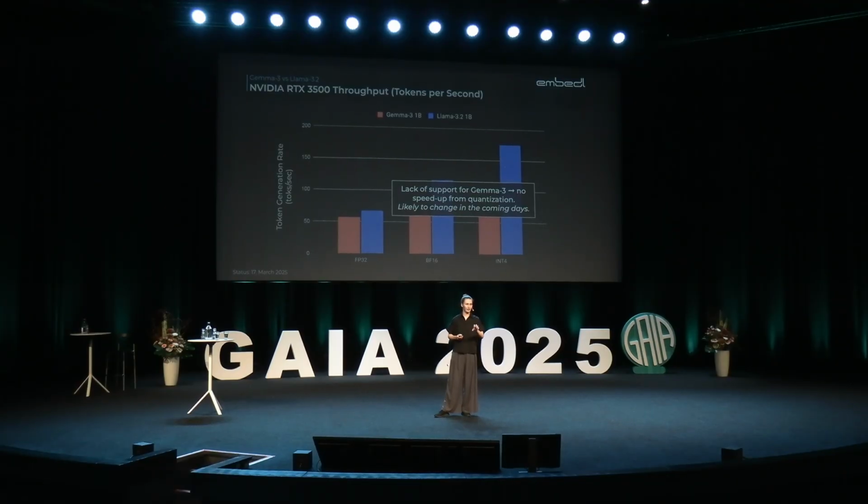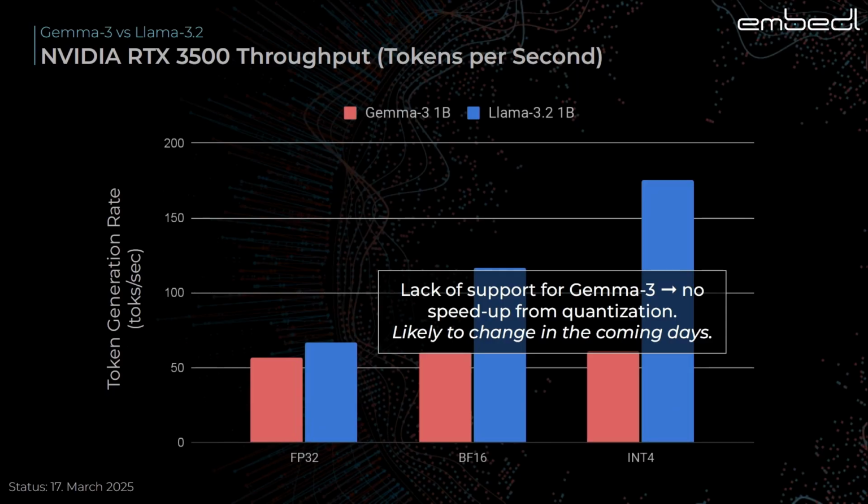So the kernels that run on the hardware cannot make use of quantization and of the speed up from reducing the precision. But I think maybe not in the coming days, but in the coming weeks, this will likely change. You not only have to build a good model, you are also dependent on what the hardware vendor and what tooling you have available and what is supported on the hardware.